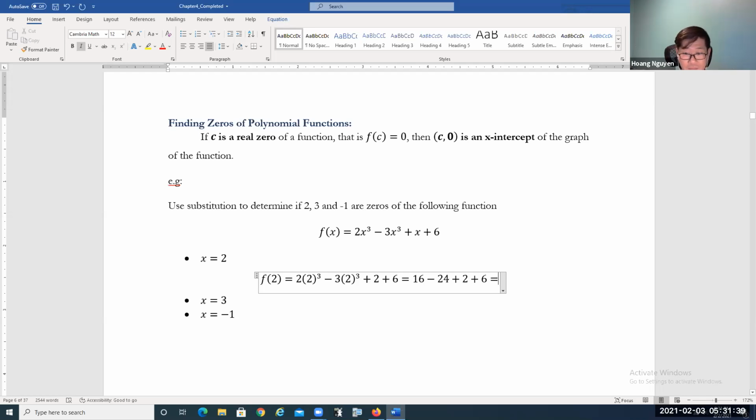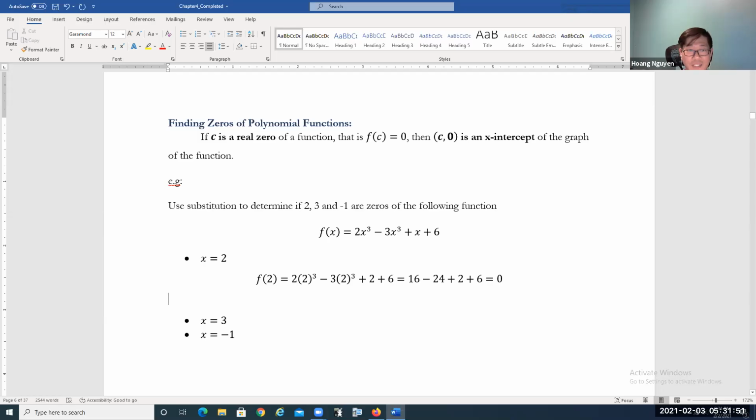Okay, that's good. So the output is 0. So f of 2 is equal to 0, then yes, 2 is a zero. So your conclusion is yes, 2 is a zero of the given polynomial function.